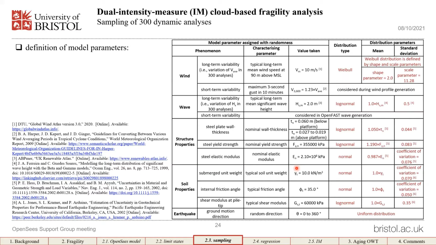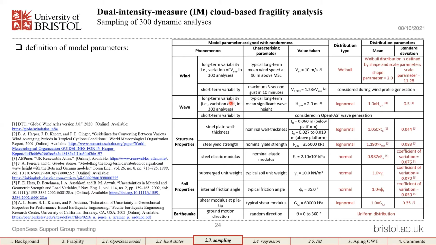So now that we are happy with our individual OpenSees models, we start to include the consideration for uncertainties. So model uncertainties were considered by introducing these random variables when defining a total of 300 dynamic analyses for our work. So for wind, we have the random variable to control the long-term variability of wind speed. We also have the variable to control the short-term variable speed for the wind, which is the fluctuation of wind speed during the time of a single ground motion excitation.